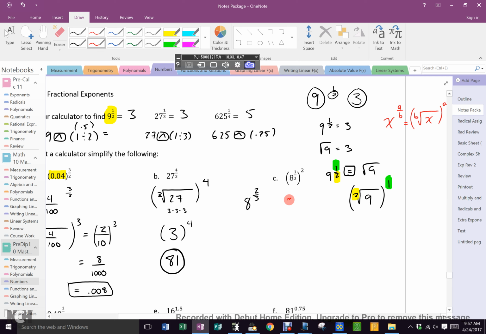Yeah. Cube root of 8, no need for a 1, squared, right? Okay. If we follow this way, now my next step is cube root of 8 squared, isn't it? What is the cube root of 8? 2 squared, which is 4.